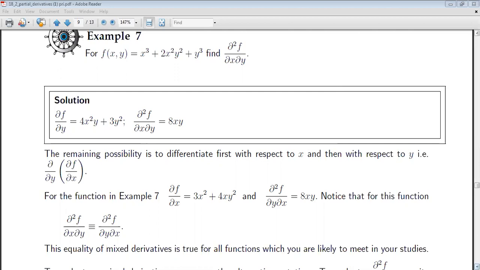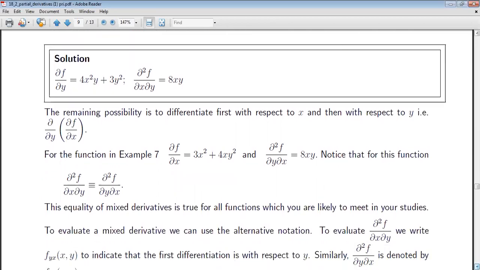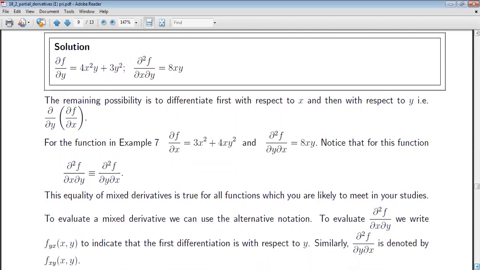Yes, sir, the same: 6x plus 6y. Yeah, the same result should be obtained. 6x plus 6y for del square of del y del x. Same result.